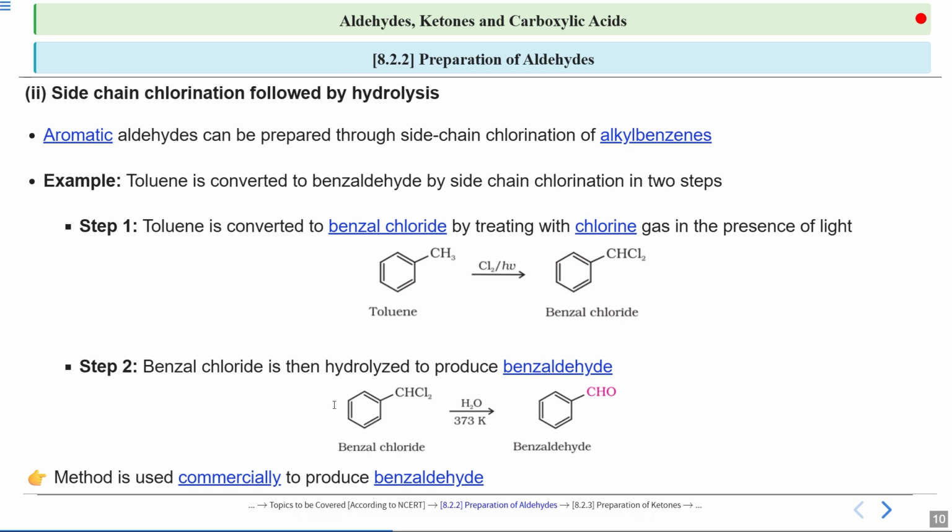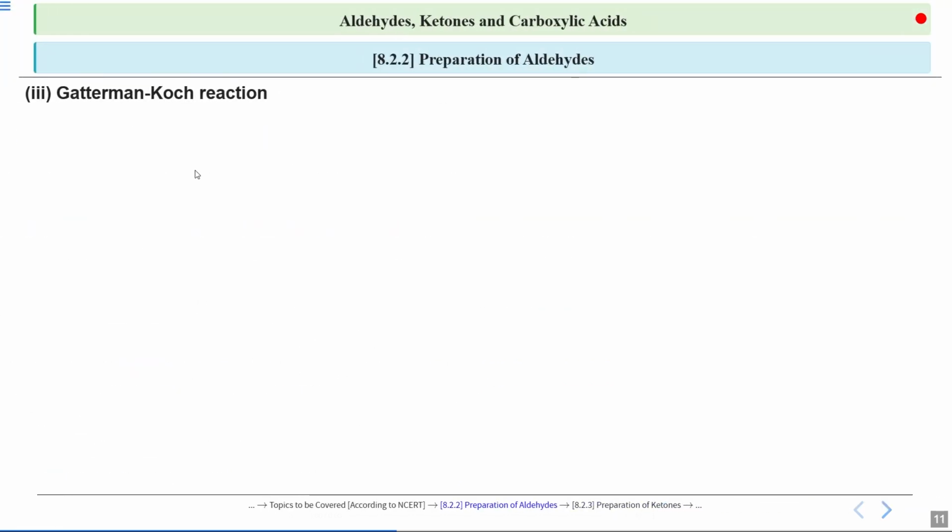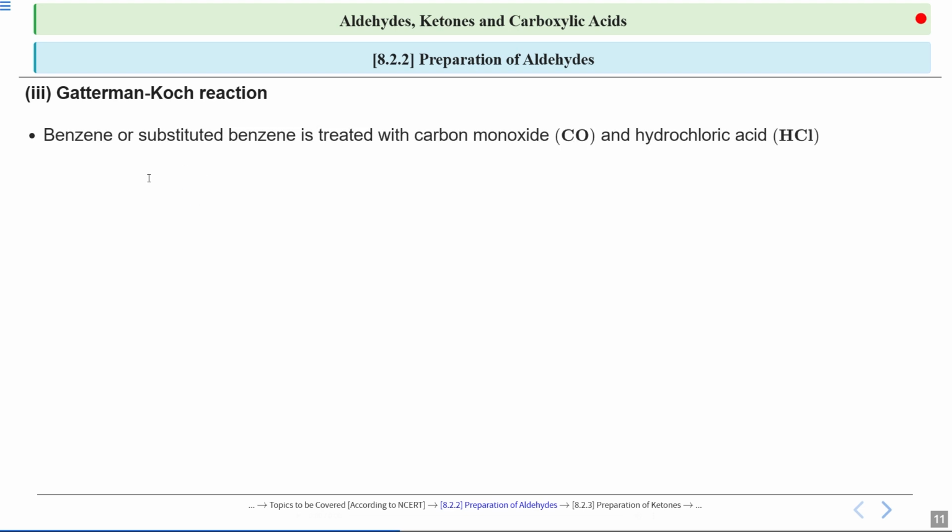Now we will see the third one, which is the Gattermann-Koch reaction. This is a useful method for synthesizing benzaldehyde. What happens in this reaction? We start with benzene or a substituted benzene, and then we treat it with carbon monoxide, CO, and hydrochloric acid.